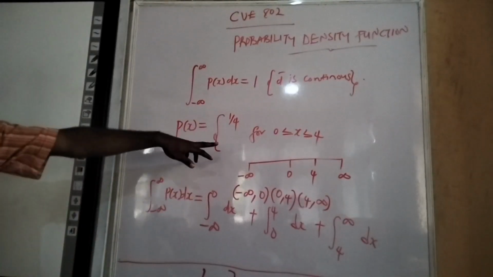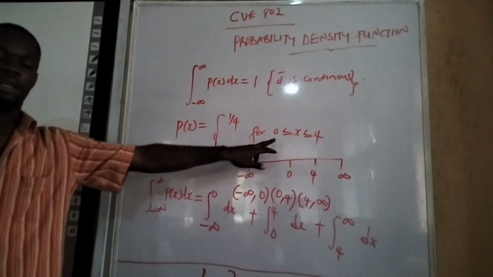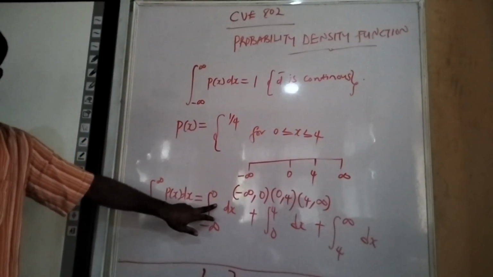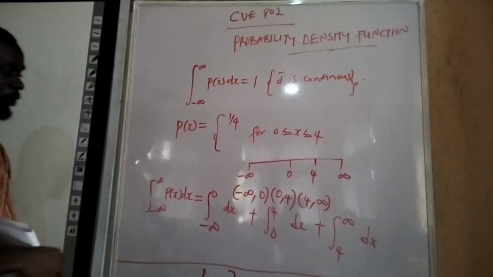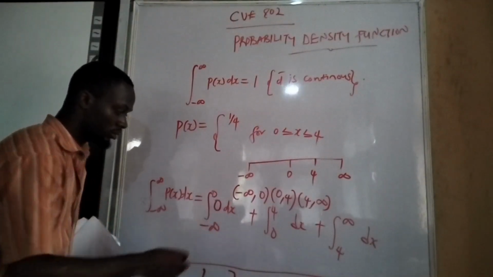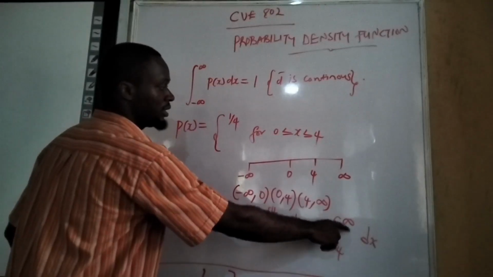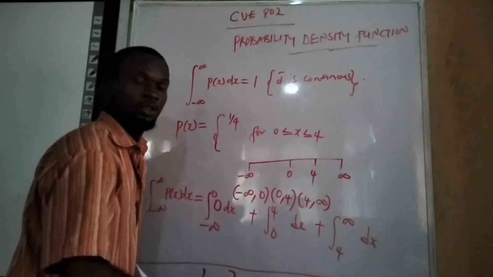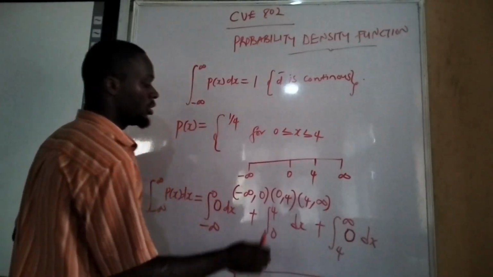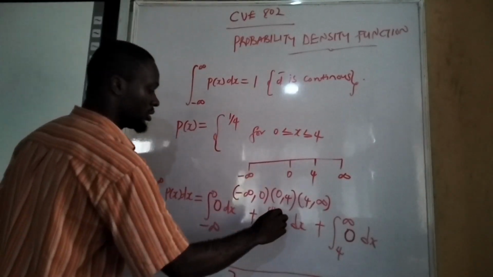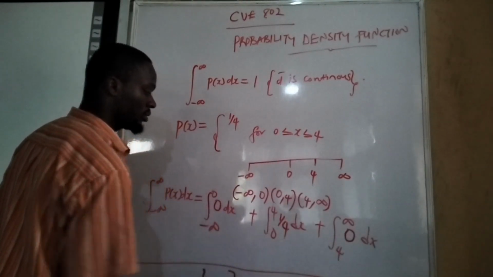So if you look at the function that we're given, we don't have anything from negative infinity to 0, which means our function there is 0. We don't have anything from 4 to infinity here, which means this function is 0 as well. But we have from 0 to 4, and the function is 1 over 4.